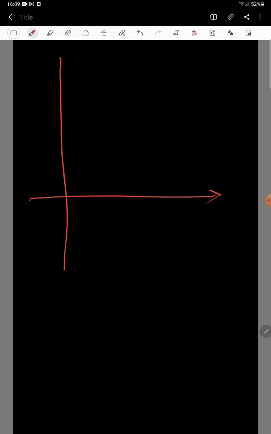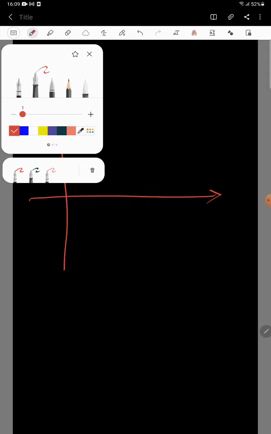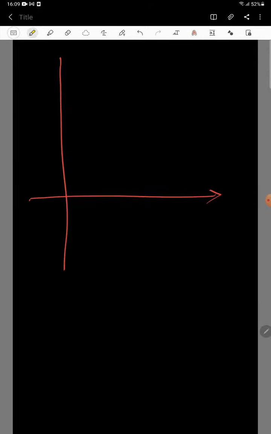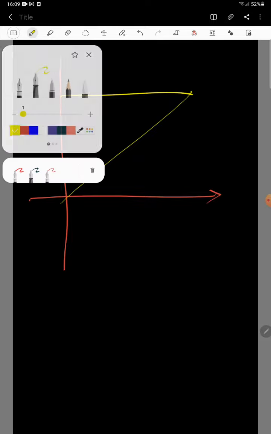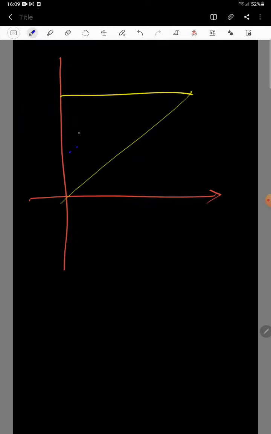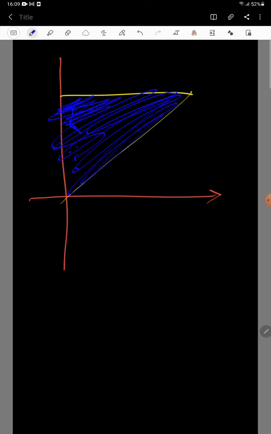Suppose we want to write with respect to a strip parallel to... okay, let me change the color. Suppose this is the region, and I want to span this region.